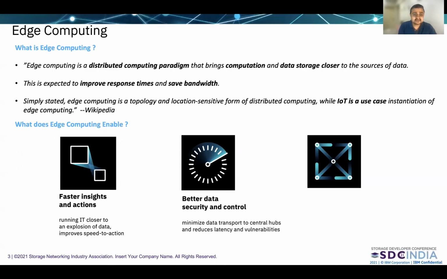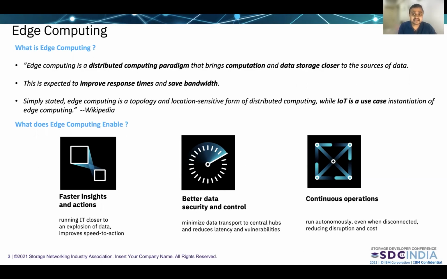Secondly, it enables better data security and control. Now, how is that so? Because there's a minimization of data transport to the central hub, where in the typical model, you will aggregate all the data and send it to a central server. It's a minimization of data transport, which reduces latency as well as vulnerability because the data is not going to move as much as in a traditional paradigm.